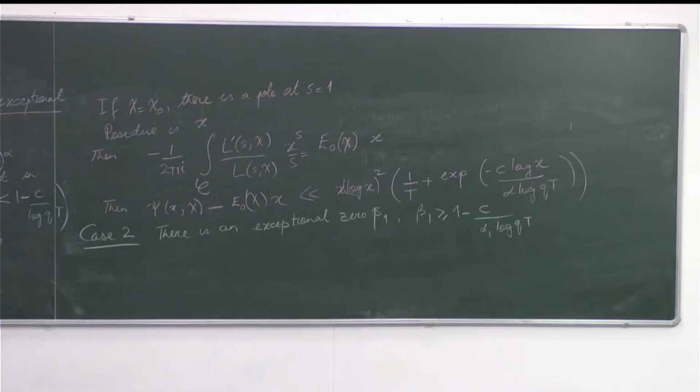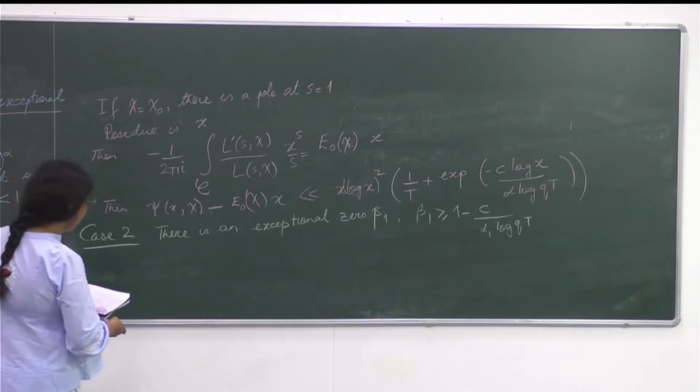By suitable choice of sigma 1, I'm going to get a zero, a pole, in the contour.